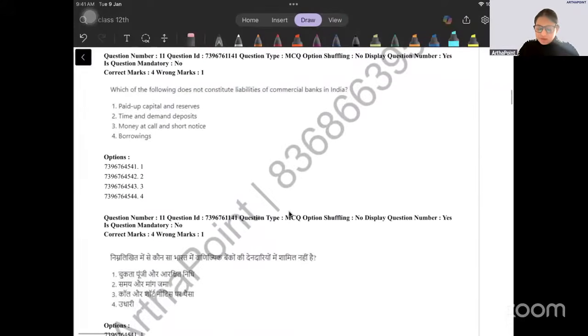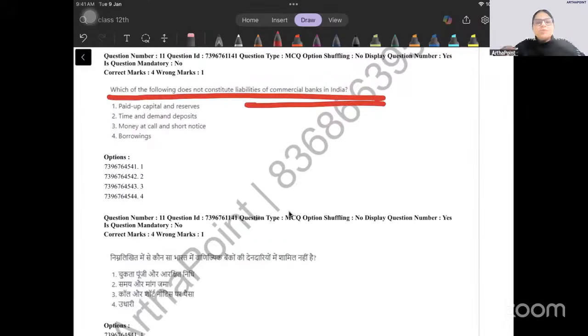Try to do this one. Which of the following does not constitute liabilities of the commercial bank in India? Give it a try.